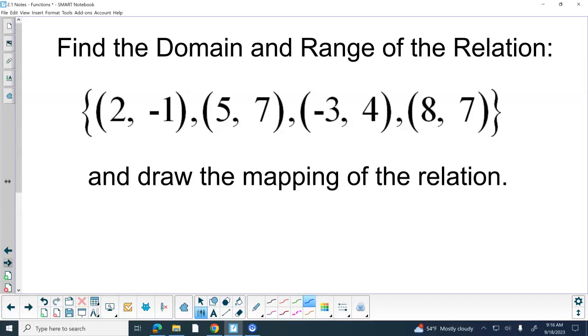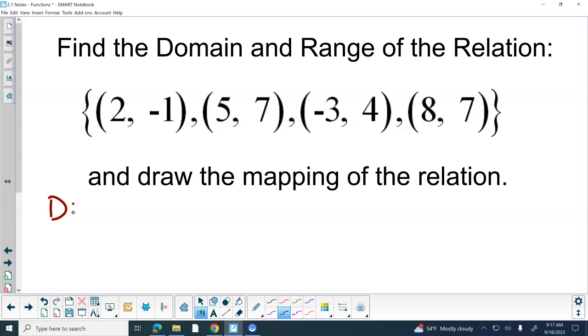So, find the domain and the range of the relation, and then draw the mapping of said relation. Okay? So my domain, typically we label our domain with a capital D. I know the math folk got really creative when they said, oh, let's label domain with D. Exactly.